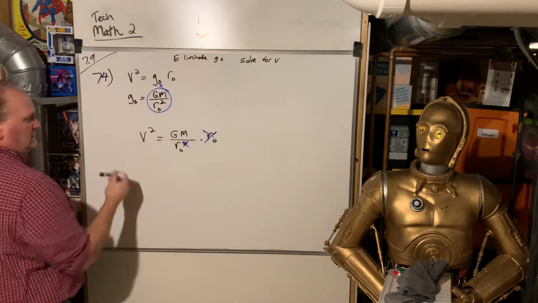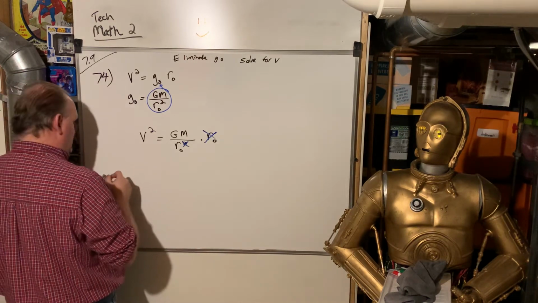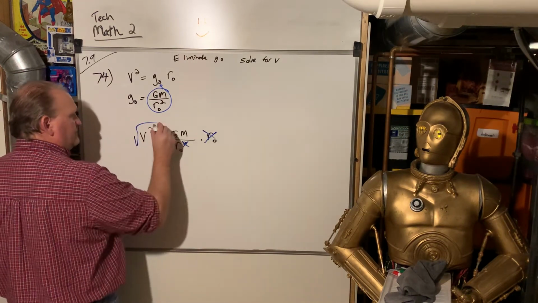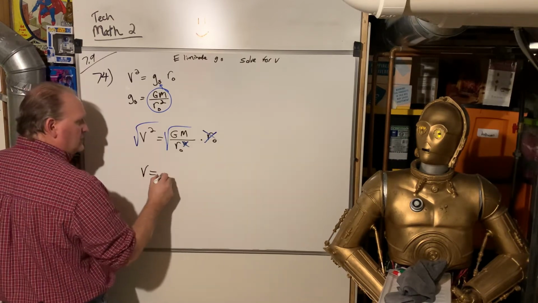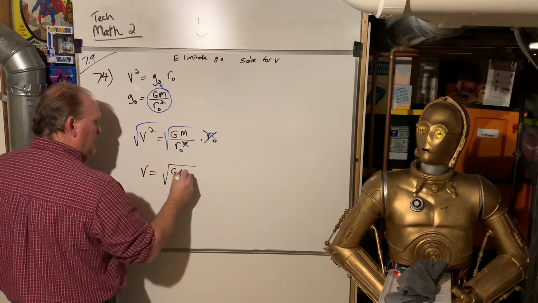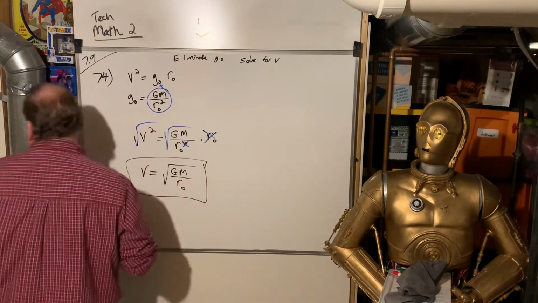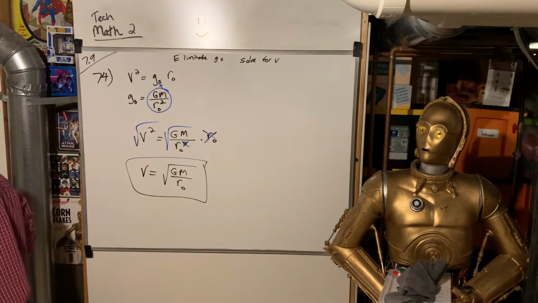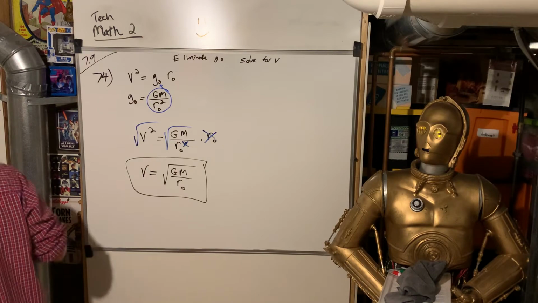And then we're almost done. It's just solve for V. So we take the square root of both sides. And now we are done. So V is equal to the square root of GM over R naught. And whoop, done.